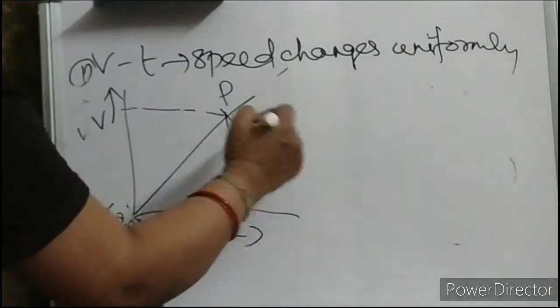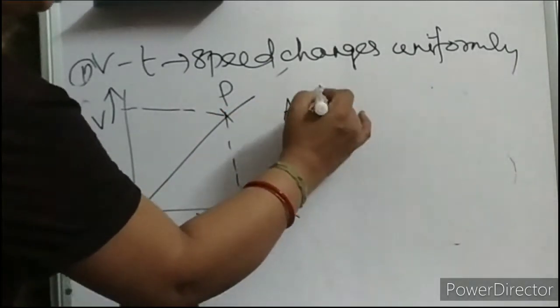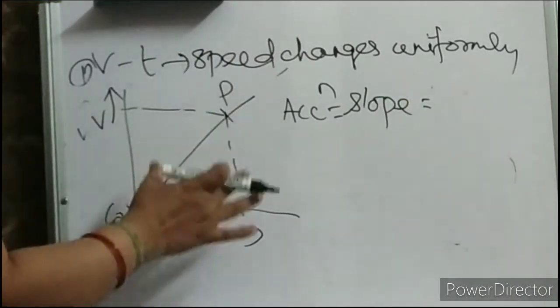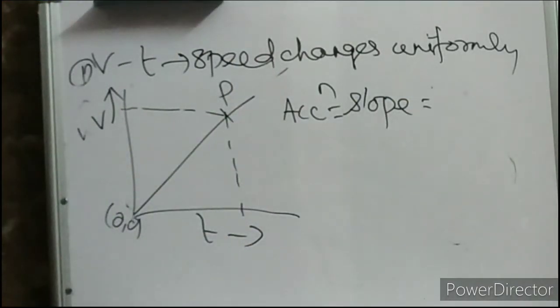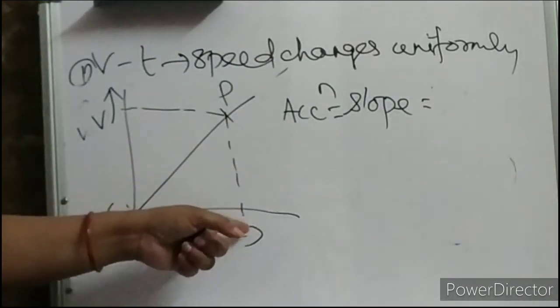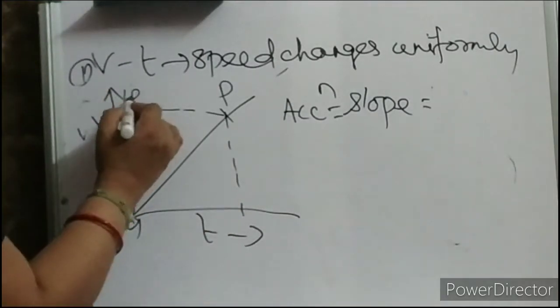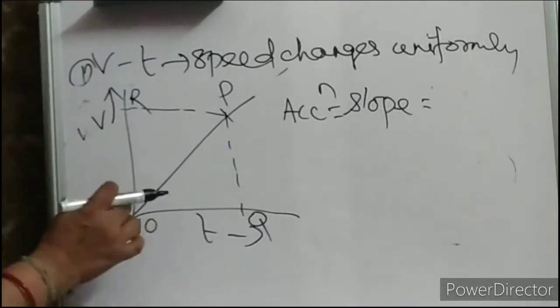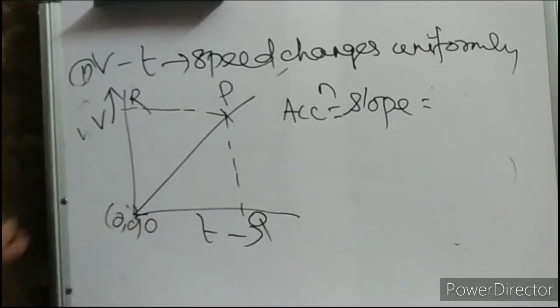That means your slope, or you can say acceleration, is change in speed divided by change in time. So I can write it like this. Suppose this is your R point and this is your Q. And suppose this is your O. The starting coordinate is O, suppose. Okay. So what is your acceleration now? Tell me.